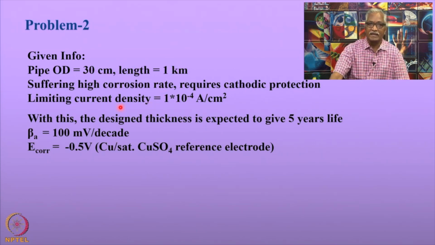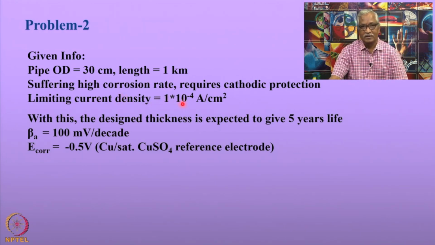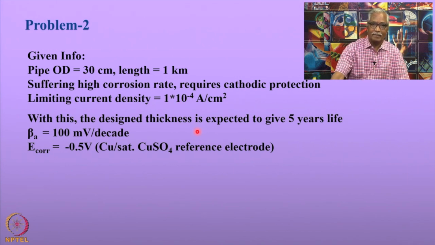The measured limiting current density, that is cathodic current density, is 1 into 10 power minus 4 ampere per centimeter square, that is about 100 microamperes per centimeter square. It is given that the thickness of the pipeline is such that the pipeline will last for 5 years should there be no cathodic protection.